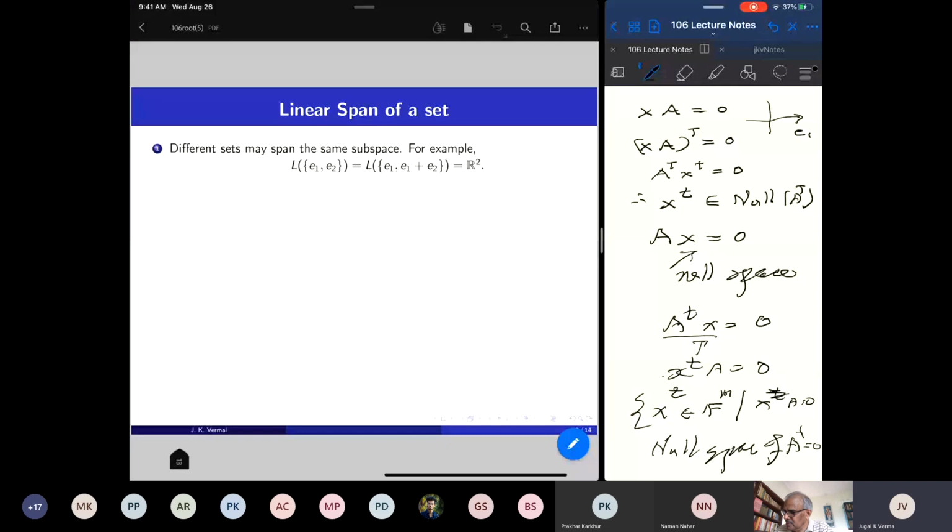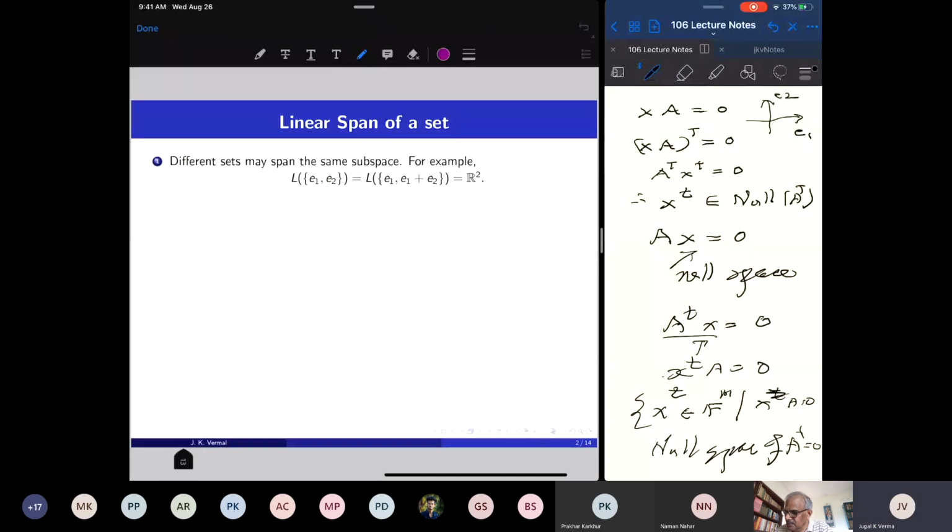So here is E1 and here is E2. If I take the linear span of E1 and E2, that is the whole space R2, because every element of R2 looks like (X, Y), and (X, Y) can be written as XE1 plus YE2.